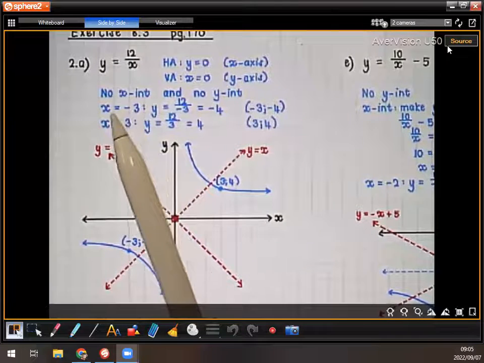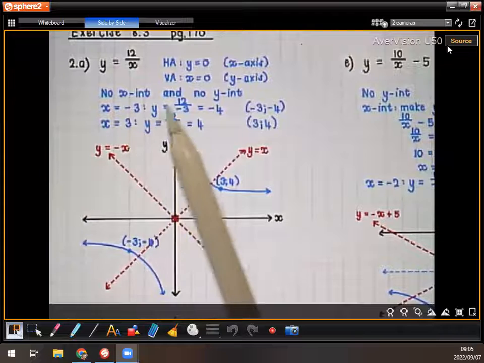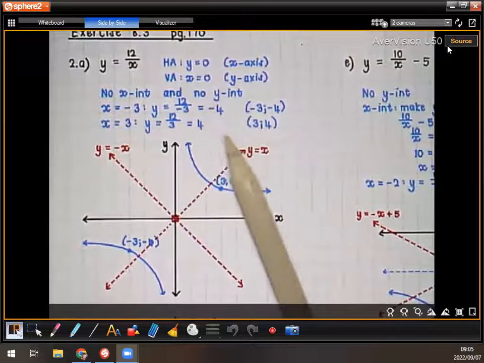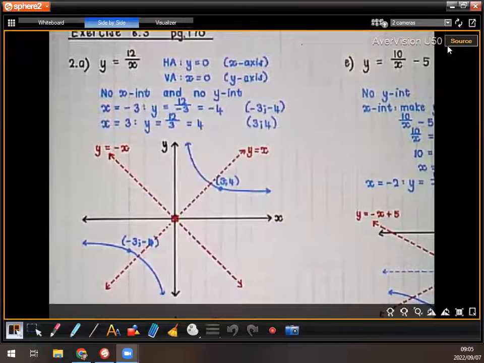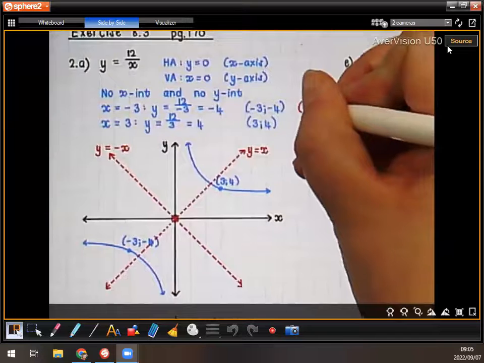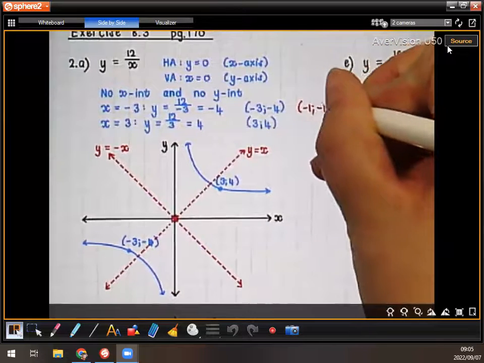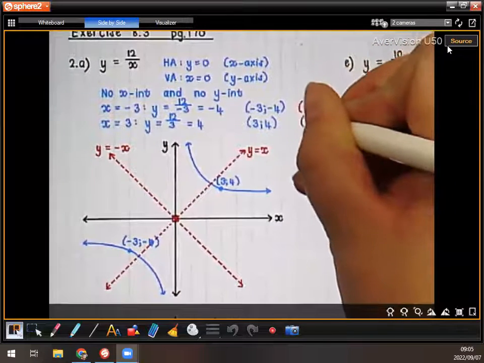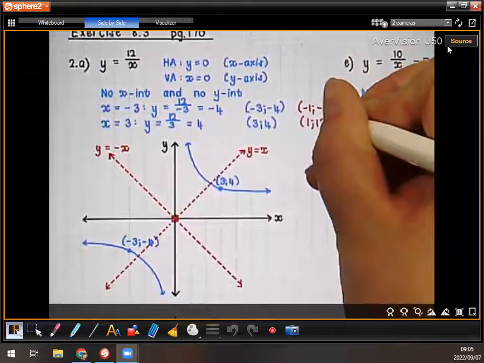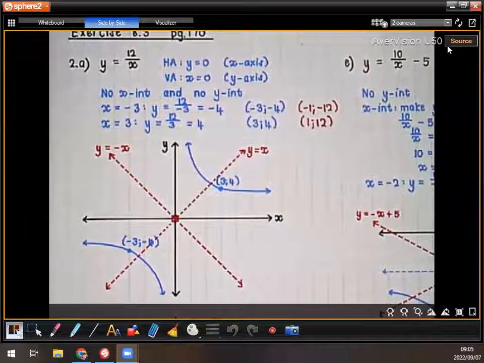If you subbed in -1 and +1, like I said, you would have gotten -1, -12, and 1, +12, which is fine. It would have been very low and very high. So I decided to sub in a bigger value so that those y values were a little bit smaller, a bit easier to plot.